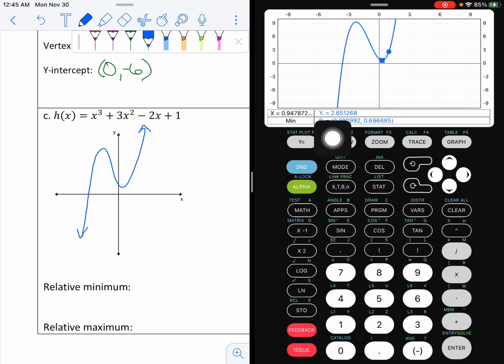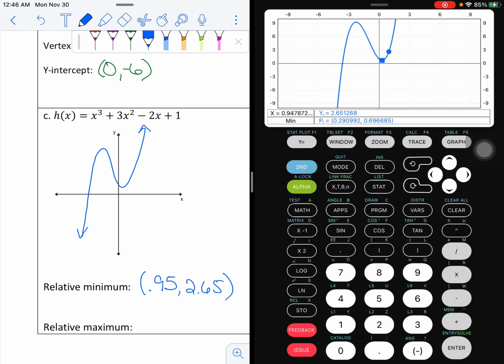And you now are given this nifty little point right here. Okay. So the relative minimum, 0.95 and 2.65.